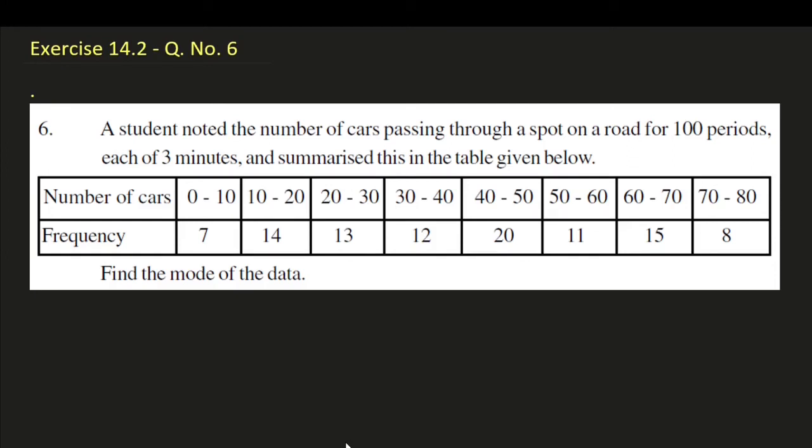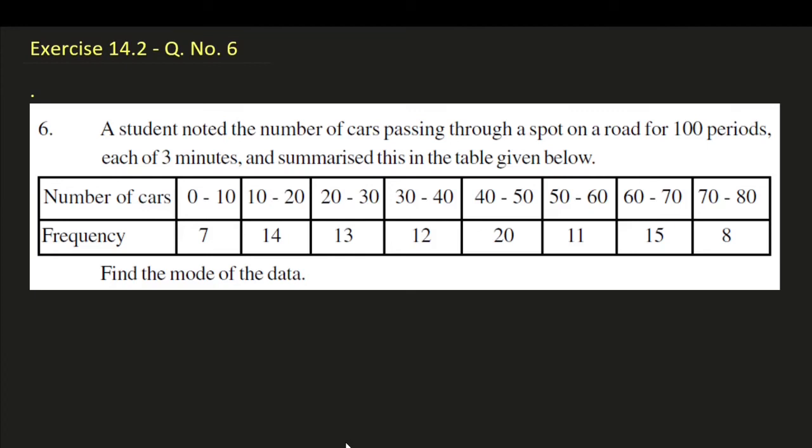Now let us see question number 6 of exercise 14.2. The question is, a student noted the number of cars passing through a spot on a road for 100 periods of each 3 minutes and summarized this in the table given below. Number of cars is given as class intervals. Frequency is given. Find the mode of the data. For a grouped data, we find only estimated mode.